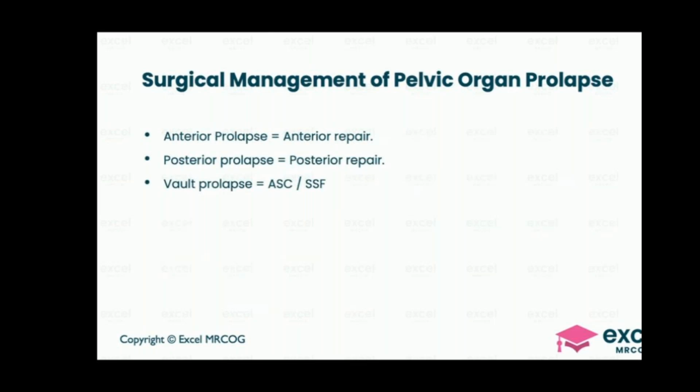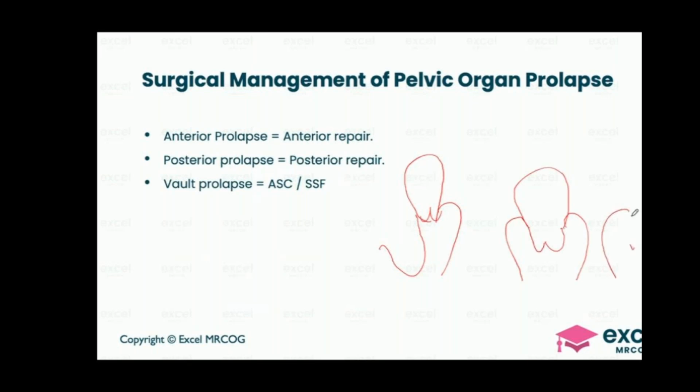And also remember, the surgery is directed to the prominent prolapse. That is the importance of POPQ. That means if there is an anterior prolapse, there is an apical prolapse, and there is a posterior prolapse. Sorry, this is the uterus, and there is a posterior prolapse.